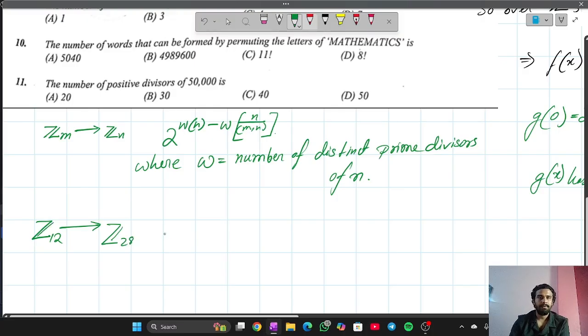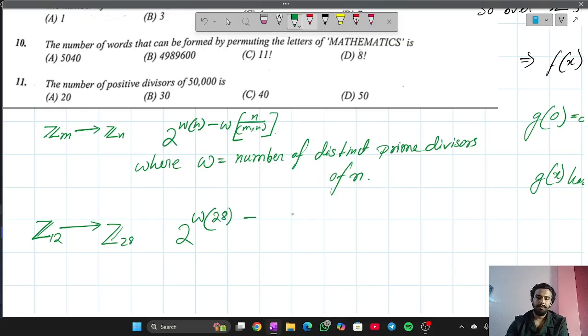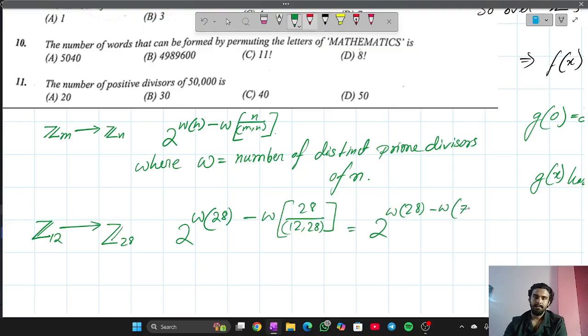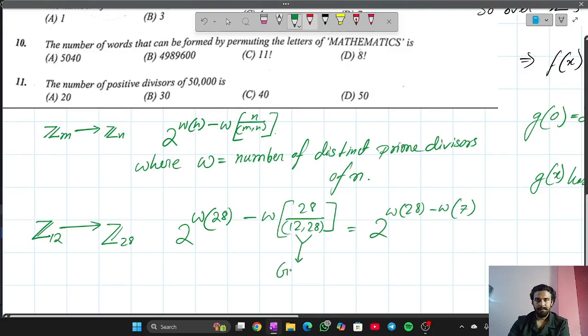So first of all, this is 2 to the power w(28) minus w(28 by gcd(12,28)). This will be 2 to the power w(28) minus w(7), because gcd of 12 and 28 is equal to 4. So 28 divided by 4 is equal to 7.